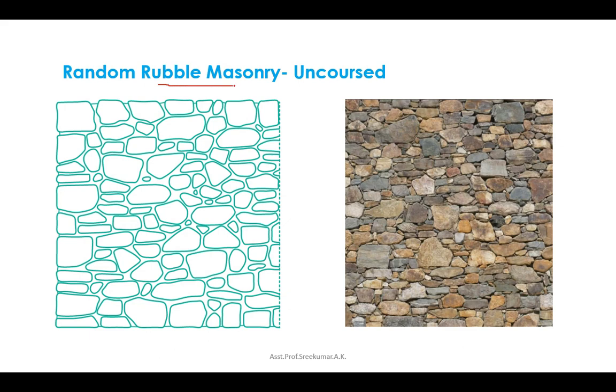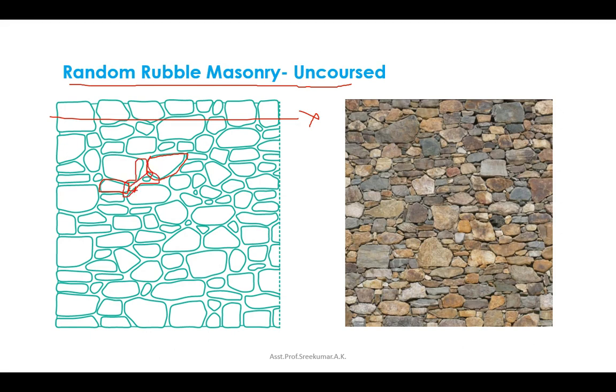It's called random rubble masonry uncoursed. As randomly arranged, you won't find any particular course in the uncoursed masonry. Please note that a course is a continuous row of any unit such as bricks. In this case, stones used are of different types, irregular in size and shape, and thus the joints are wider.